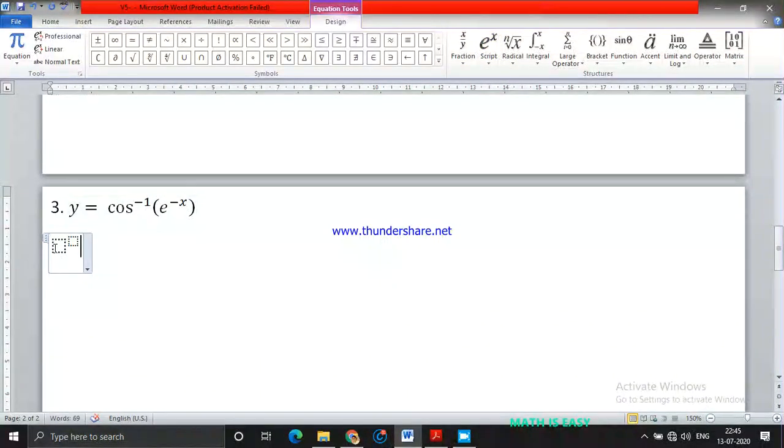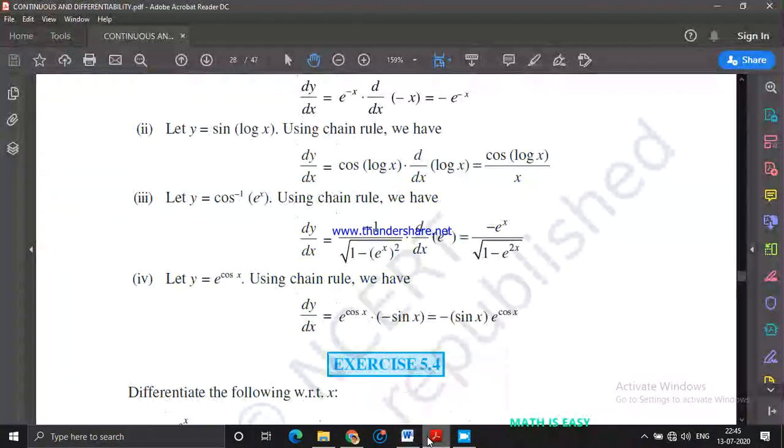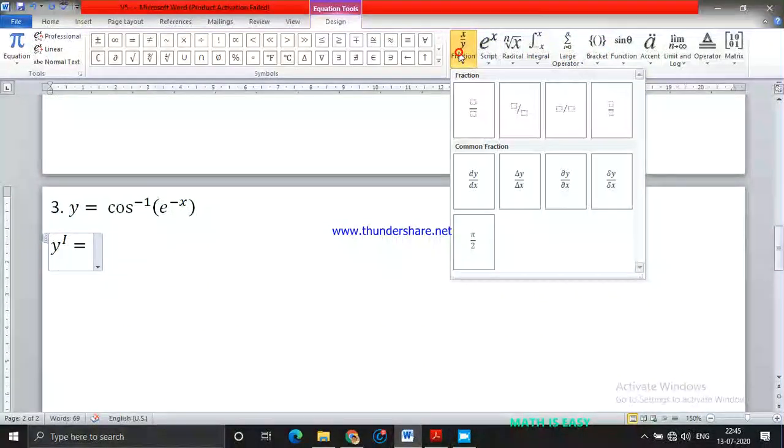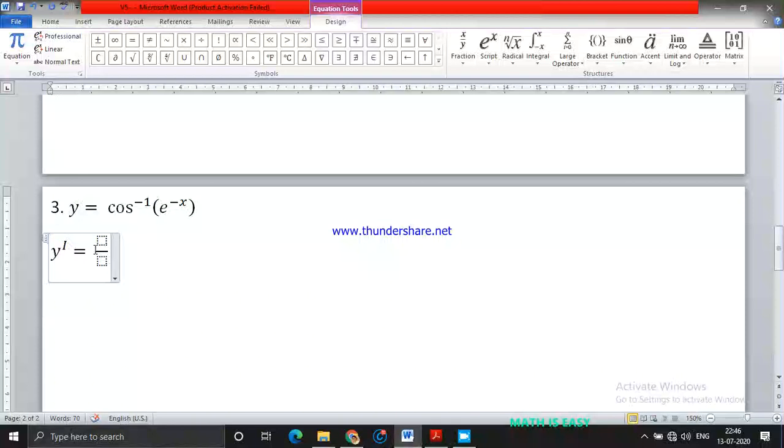So this is going to be y dash. So minus 1 upon under root 1 minus x square will come.